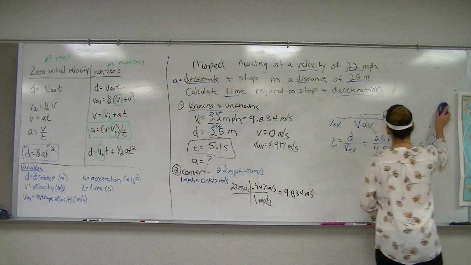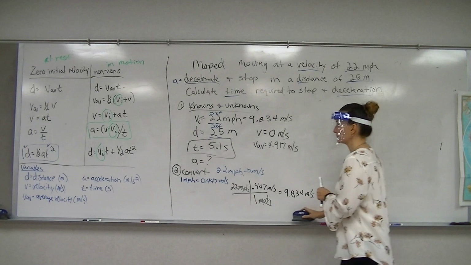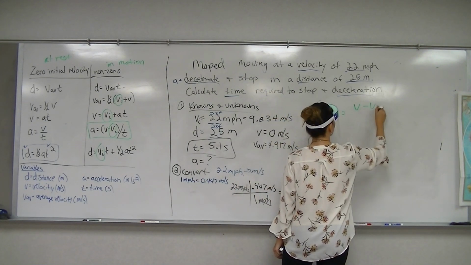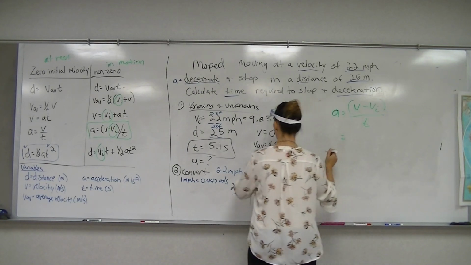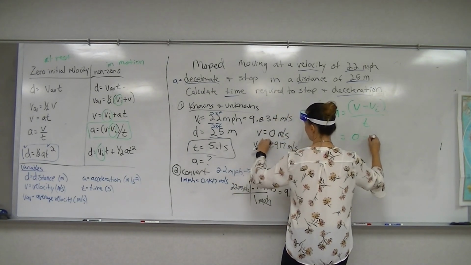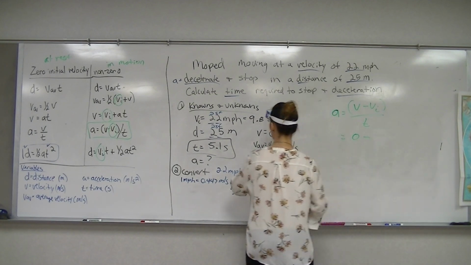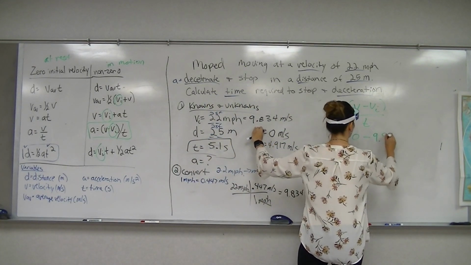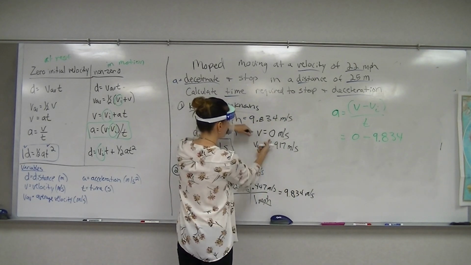That way I don't have to rearrange, and I can just plug in what I have. So A is equal to final minus initial divided by time. So 0 minus 4 point, oops, no, wrong one. That's my average velocity. I want to use my initial. That was a 9. There we go. 9.834. So we're just taking what we have on our list and plugging it in.